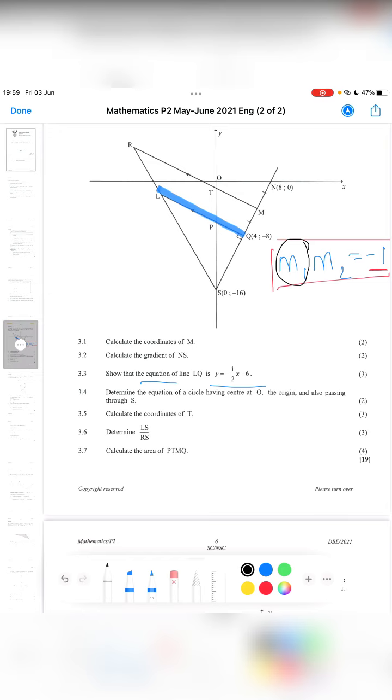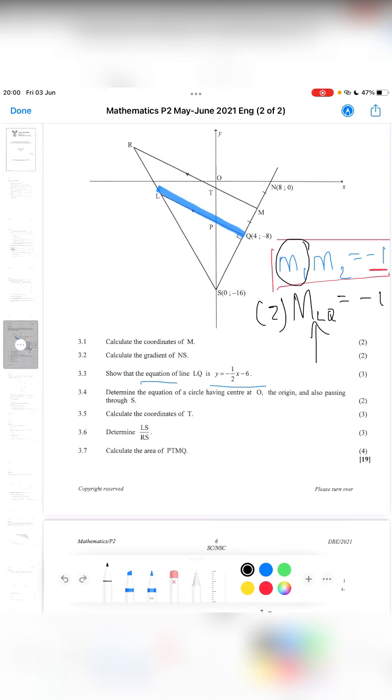So if that is the case, we can just substitute onto that formula: line 1 we know is 2, but the gradient of line 2, being LQ, we do not know. But we know when we multiply the two gradients, they must give us -1. So we can proceed with this formula to calculate the gradient of LQ.